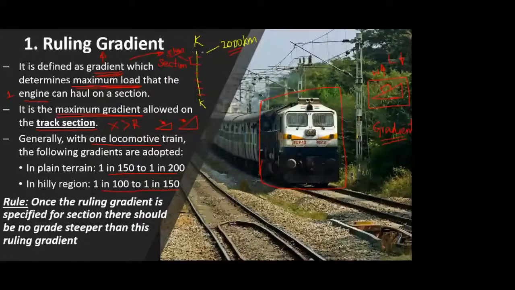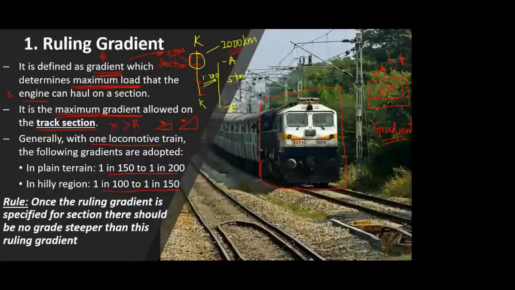So for this 5 kilometer stretch, if I expand it, this is the 5 kilometer stretch from point A to B. Now if I decide that for this 5 kilometer stretch the ruling gradient will be 1 in 200, then nowhere in between this stretch should there be any railway track with a gradient more than 1 in 200.